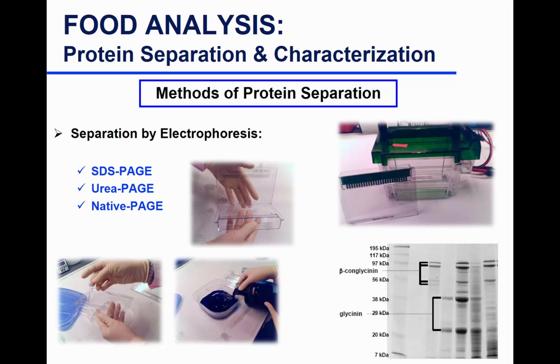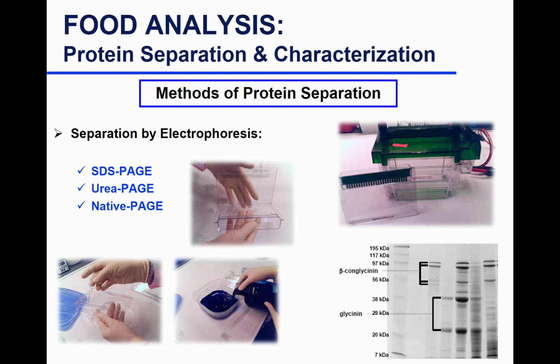Now, we have three different types of gel. You have the SDS-PAGE, sodium dodecyl sulfate. You add that to your sample. It makes all your proteins carry a negative charge. So now your proteins all have the same charge, so they only separate based on size.